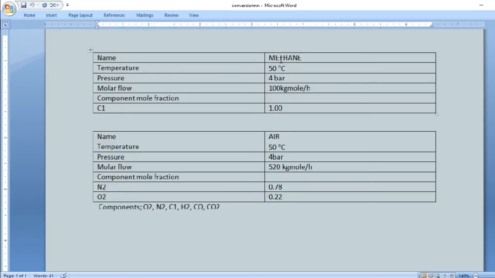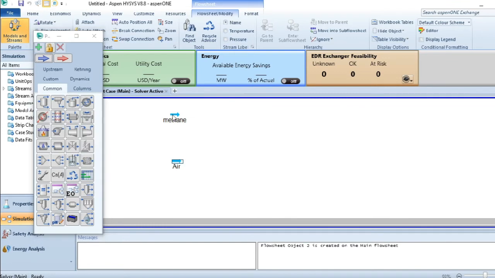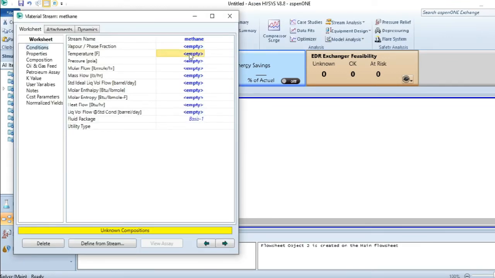For the first stream, that is methane, I have 50 degrees Celsius, 4 bar of pressure, 100 kg mole per hour of molar flow, and composition to be 100%. The units must correspond, so this is Celsius.